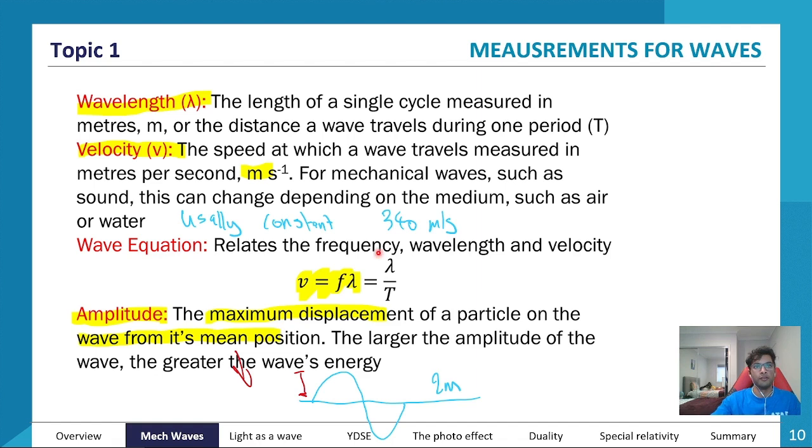This second formula, velocity is equal to wavelength divided by time, comes from the formula that frequency is equal to 1 divided by time. If you combine these two equations, frequency is equal to 1 divided by time, and velocity is equal to frequency times wavelength, you get this.